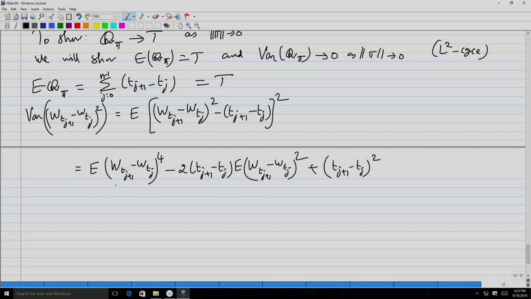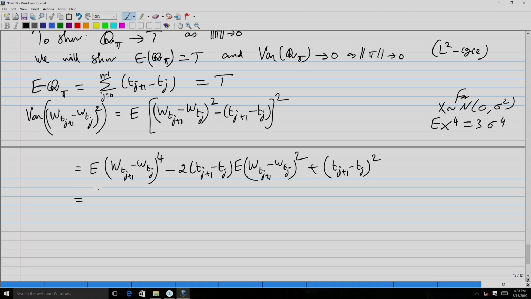Now, here we are using an important property: for x following normal 0, sigma squared, the expectation of x to the power 4 is 3 times sigma to the power 4. This is one of the properties of a normal random variable.